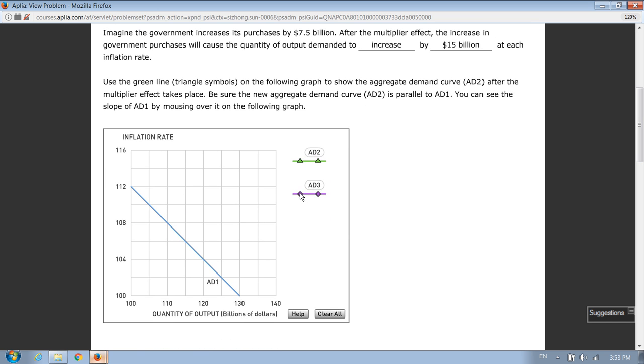So, for example, from the initial curve to the right, and so that's AD2. Oh, sorry, AD2, not AD3.